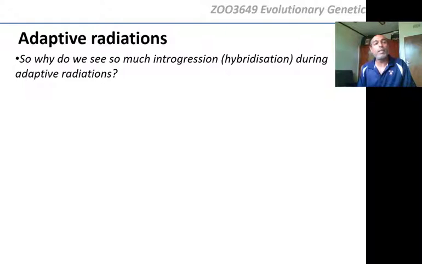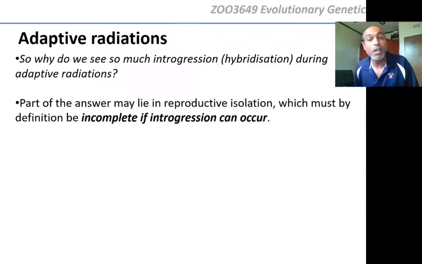We see a lot of this hybridization and introgression during adaptive radiations. And that is because, and I keep telling you, reproductive isolation takes a long time. Okay? So if introgression is happening, that means reproductive isolation has not happened, right? Because if reproductive isolation has happened, the introgression, gene flow, will be retarded.